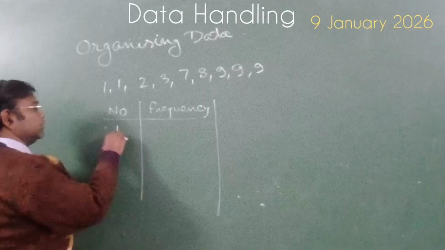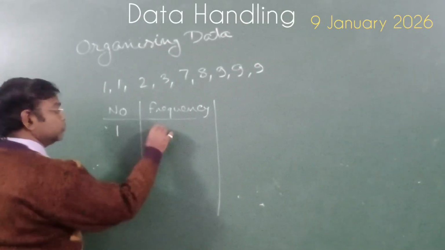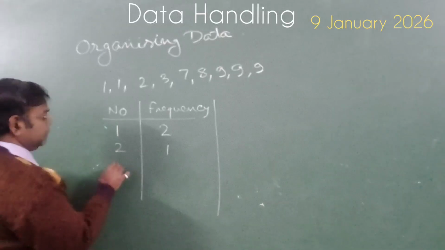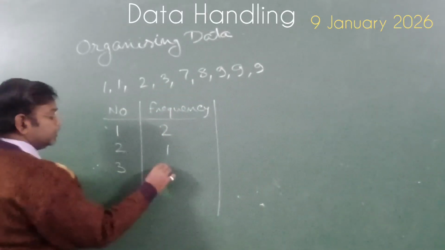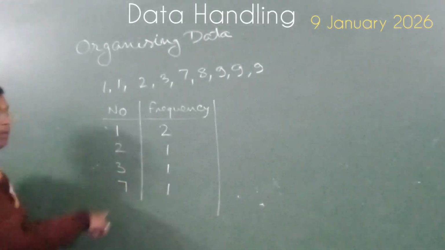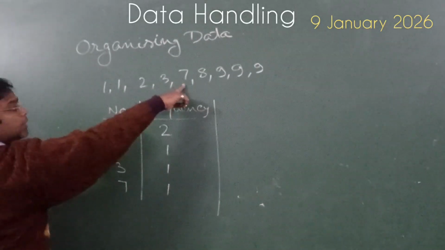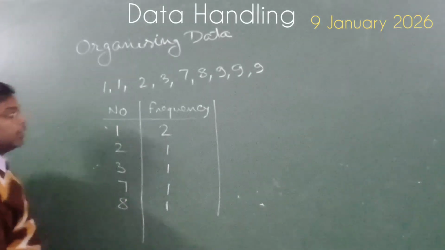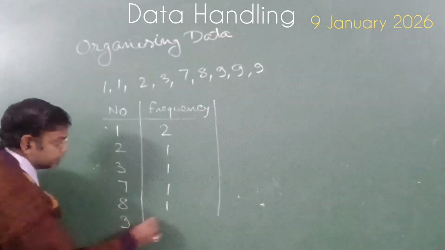In this case, number 1 appears 2 times, number 2 appears 1 time, number 3 appears 1 time, then after 7 we don't have 4, 5, 6. After 7 we have 8, which is 1 time, and similarly 9 is 3 times.